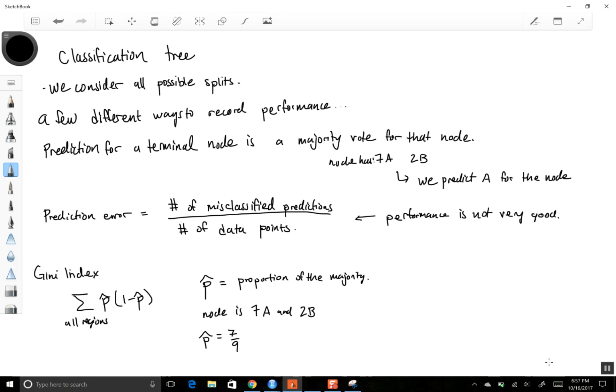If your terminal node is half A and half B, you can't make any good predictions; you're at a coin flip. So this is the Gini index, based on the proportion of the majority, and we want to minimize this.